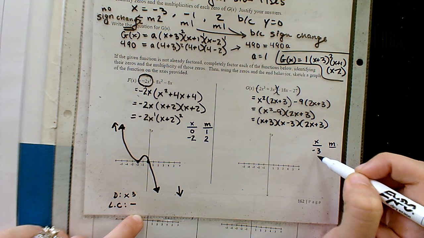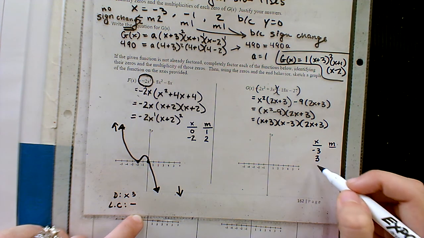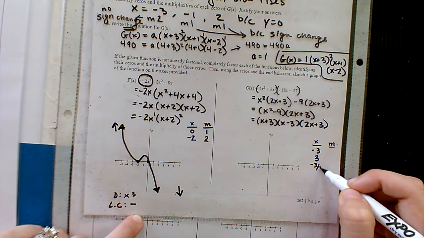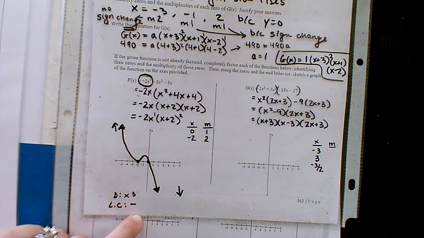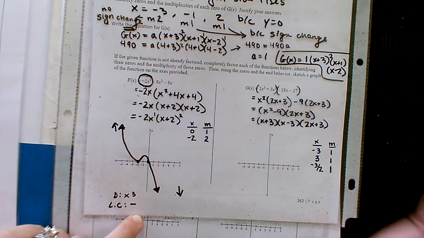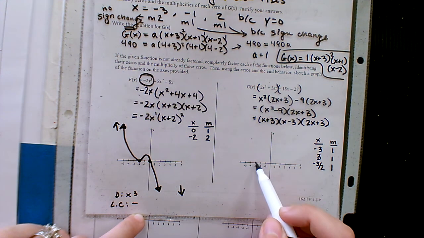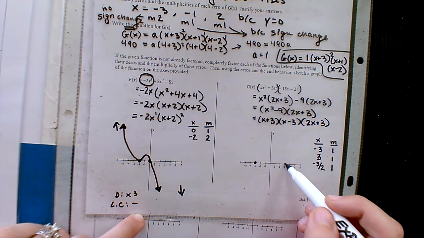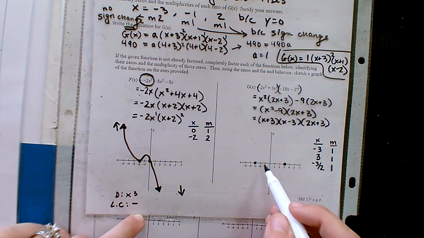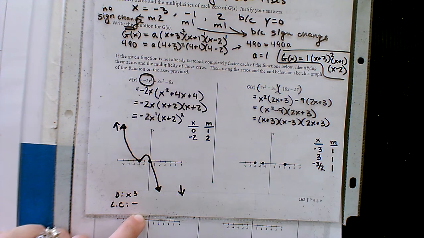So x-intercepts are -3, +3, and -3/2. None of those factors show up more than once, so all their multiplicities must be 1. All right, so we'll plot those. Negative 3/2 is the same as negative 1.5.